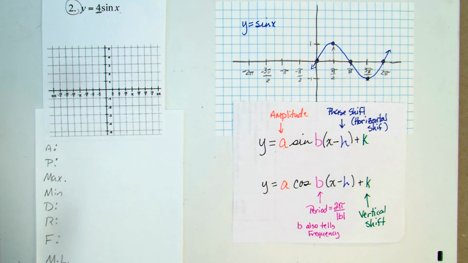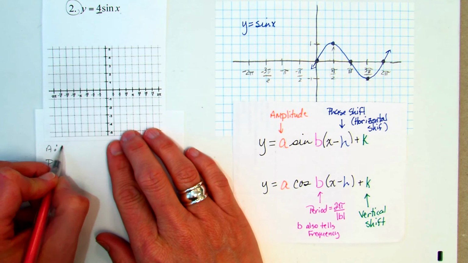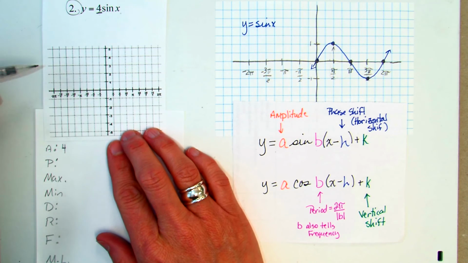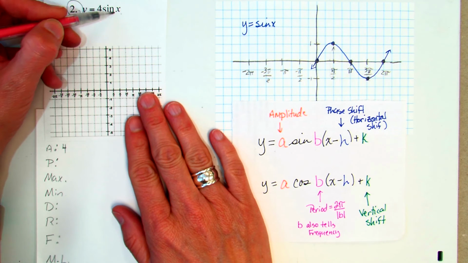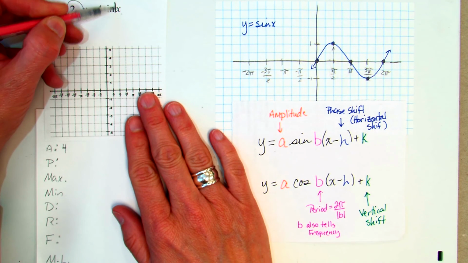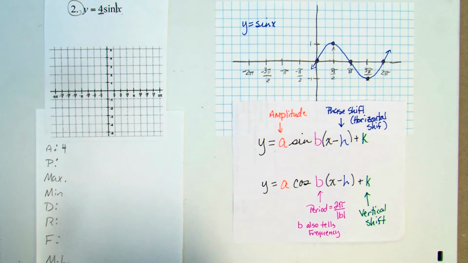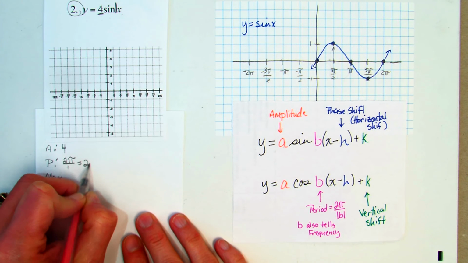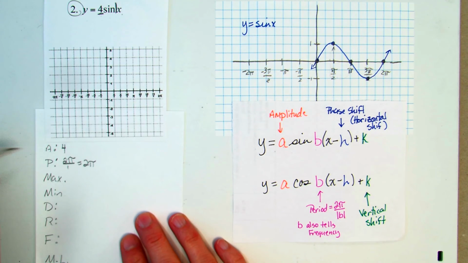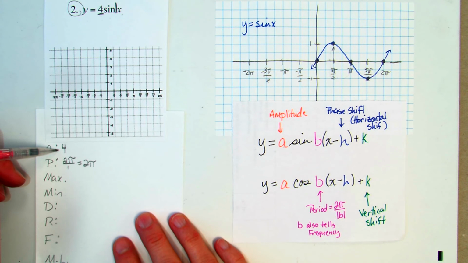Okay? So let's check the amplitude. The amplitude here is positive 4. Let's check the period. The period is not the number in front of x, but that allows you to find it. It's 1, and you always do 2 pi divided by that number. So the period here is 2 pi. So my y values are changing to 4s and negative 4s.